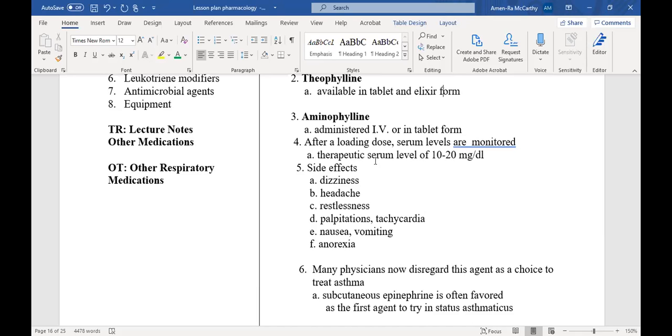So what we do is we give you a nice amount first, and then maybe an hour later, 2 hours later, we get a blood sample from you and see if we can still see the xanthines in the blood, and their level needs to be 10 to 20 milligrams per deciliter. If that level falls below 10, guys, then phosphodiesterase starts coming back.